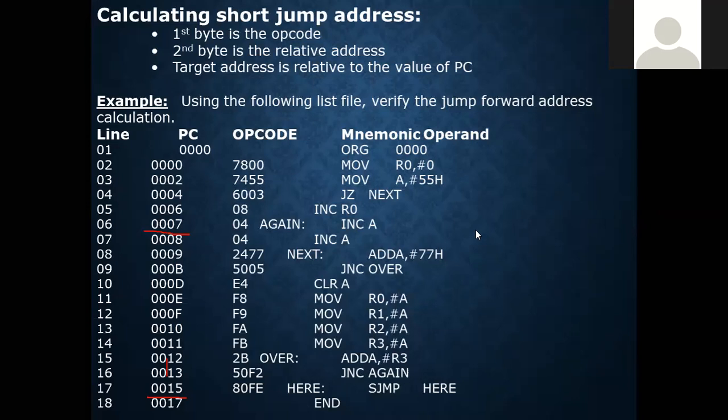But whenever the jump is backward, then you need to do the 2's complement, okay, clear? Because this negative sign indicates that this particular jump is backward. Any questions? Now, is relative address understood or not?